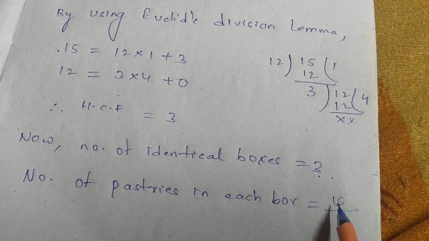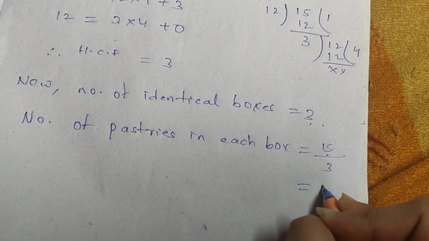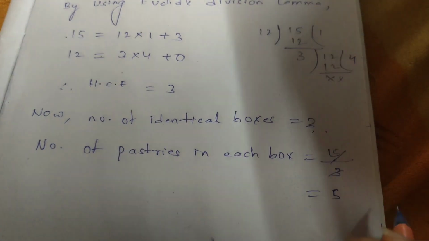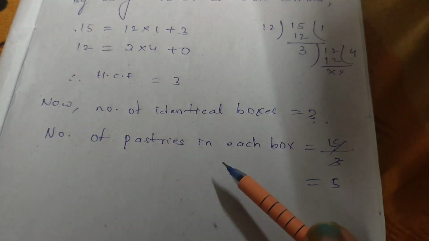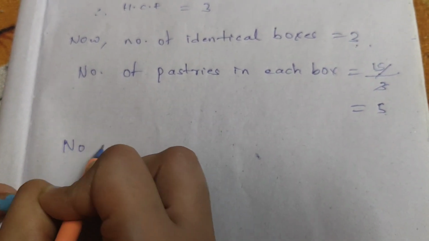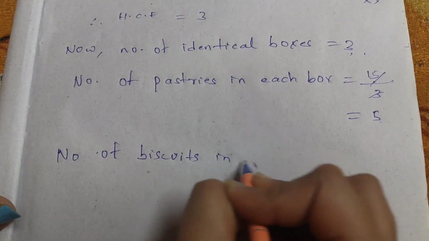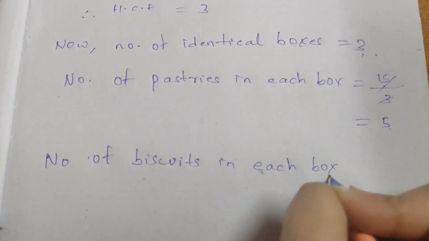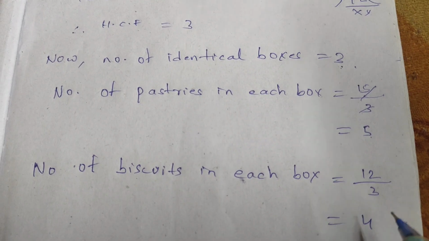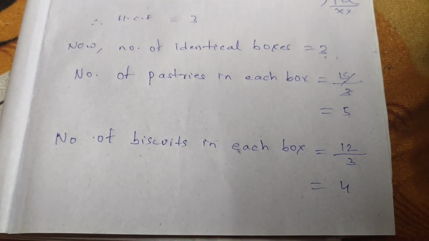If we divide this by the number of boxes, 3 5s are 15. So in one box there are 5 pastries. Again for number of biscuits in each box, 12 divided by 3 is 4. So in one box there are 4 biscuit packets.